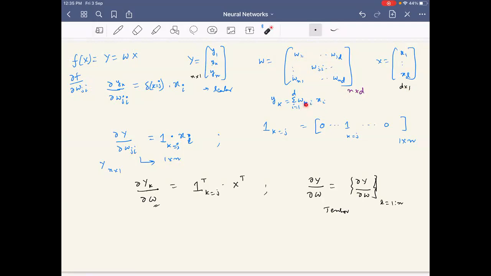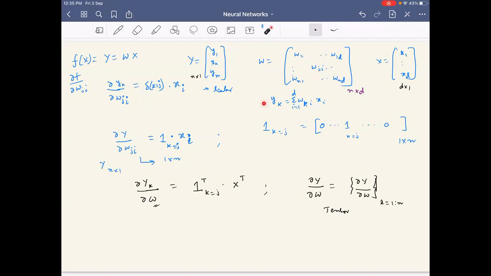But k is only one particular row in this matrix W. There are other elements of W with which I would also like to find the effect, or the variation, in Yk. So if there is some variation in other elements of the matrix W, do they cause any perturbation in Yk?